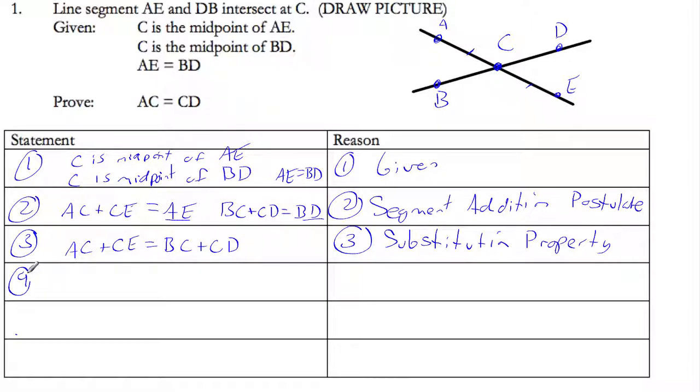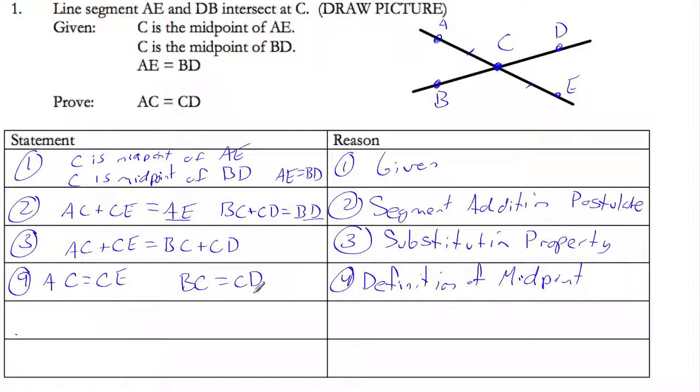Don't we also know that AC is equal to CE? And we know that because of the definition of a midpoint. We also know that BC is equal to CD because of the definition of a midpoint.